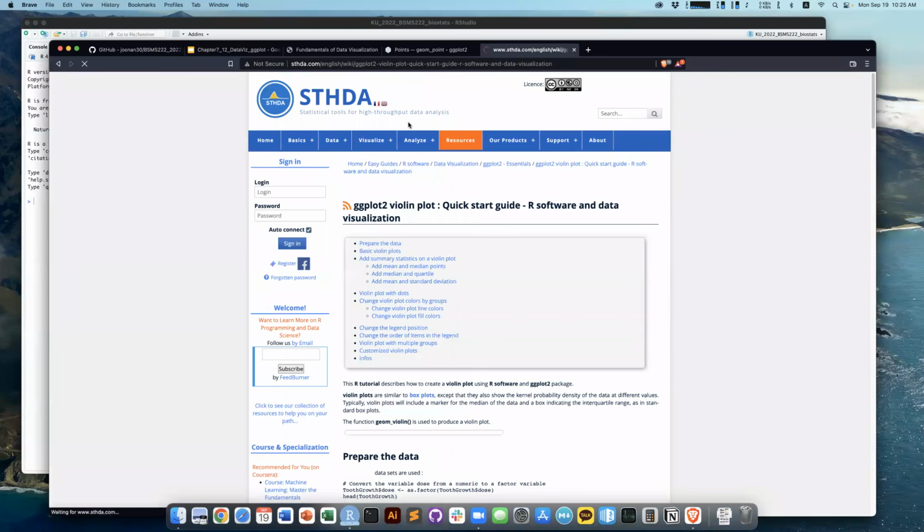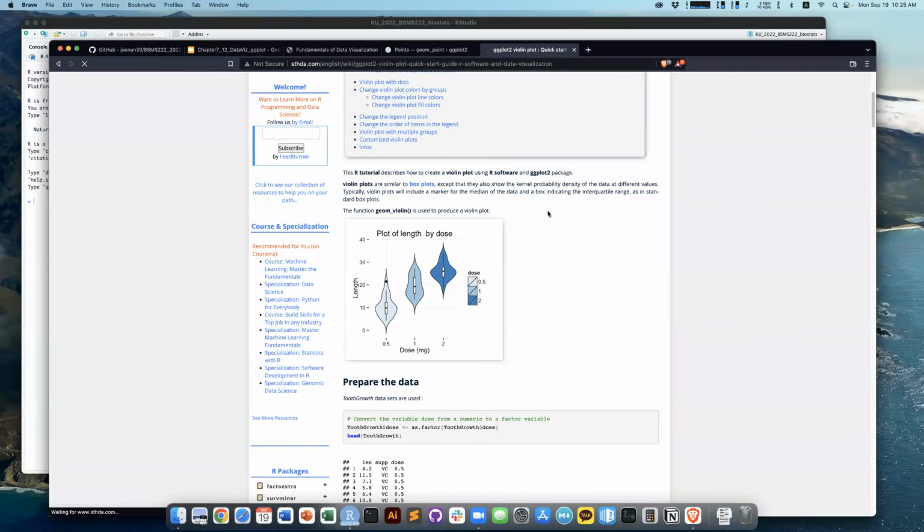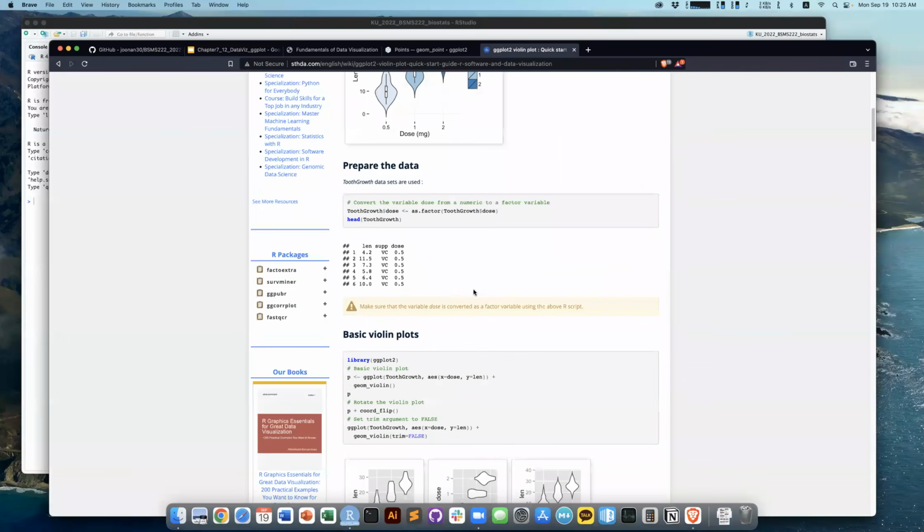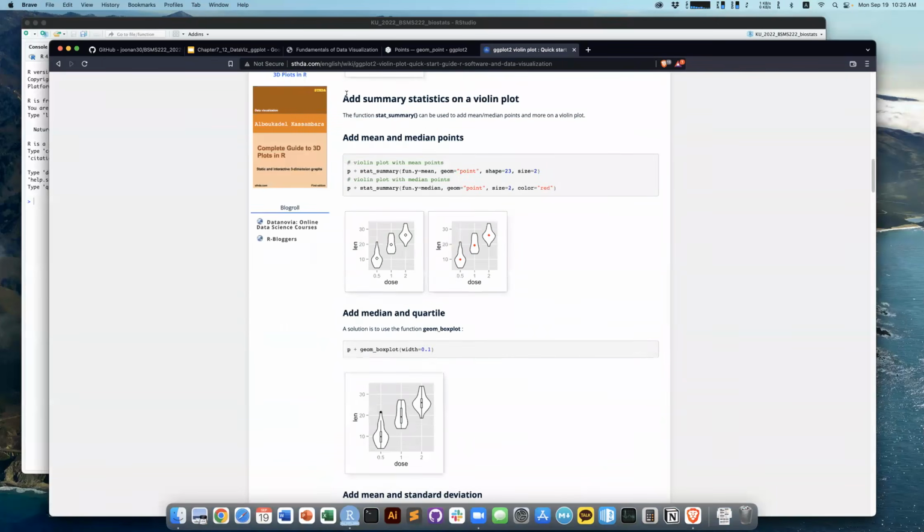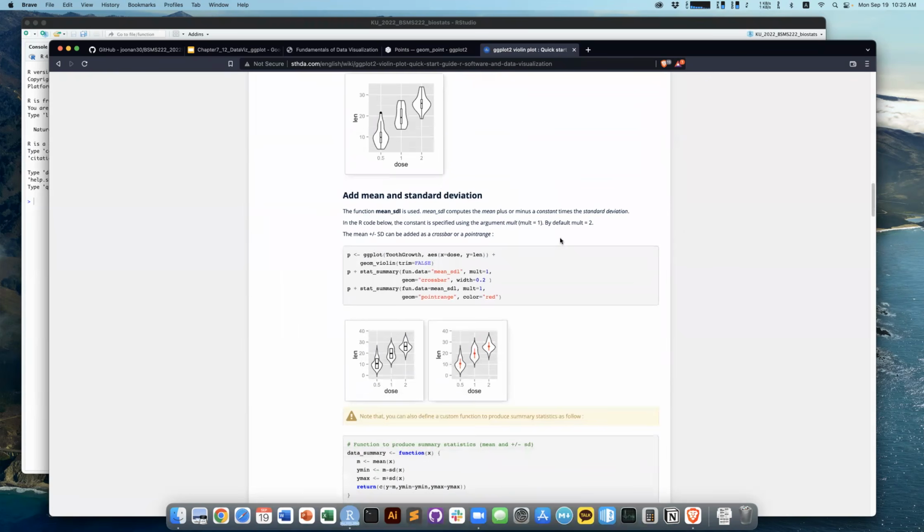If you click the violin plots, you get the instructions for how to do the basic plotting like this. And if you want to add summary stats, like mean and median, for the data summary, you can also use these functions.